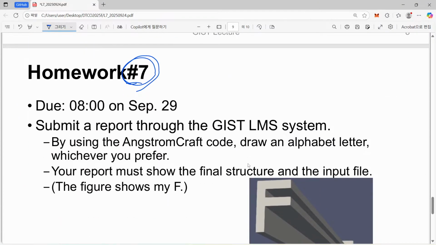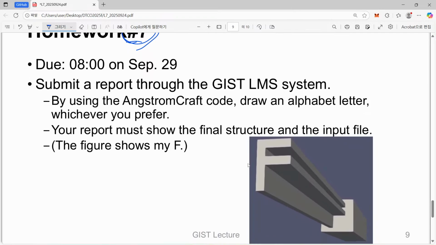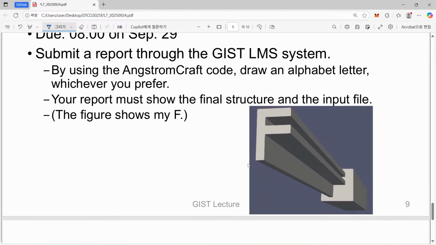My homework is more fun stuff. By using the Armstrong craft code, please draw your own alphabetic letter. In this case, I have prepared my own F. You can see that I originally made a very narrow and tall structure and defined a certain mask for this F shape by overlapping 3 different rectangles here and there, and another one I just made this mask.